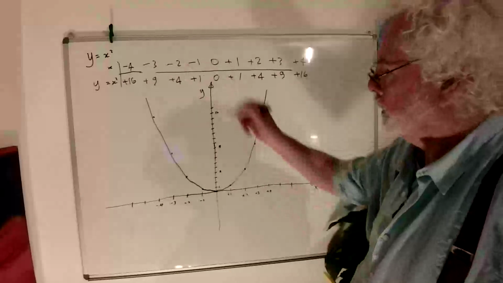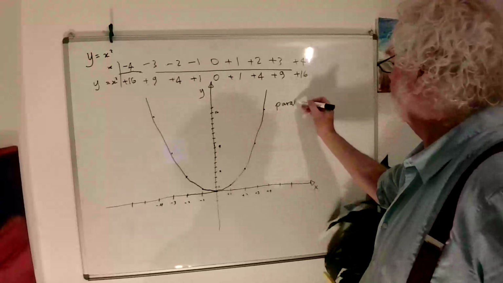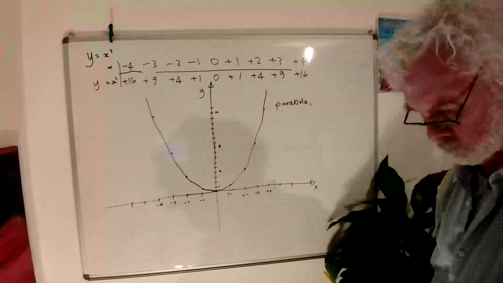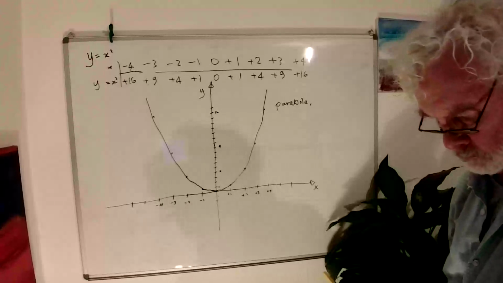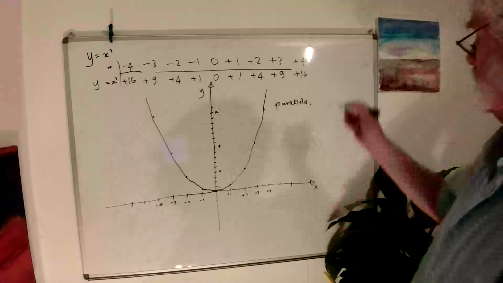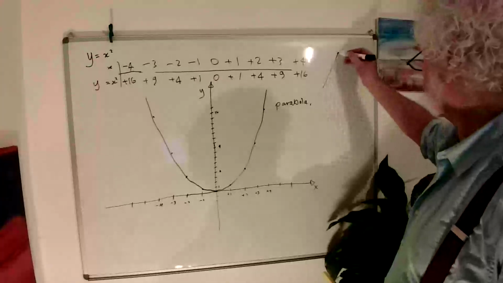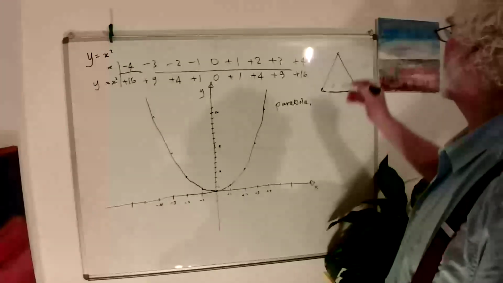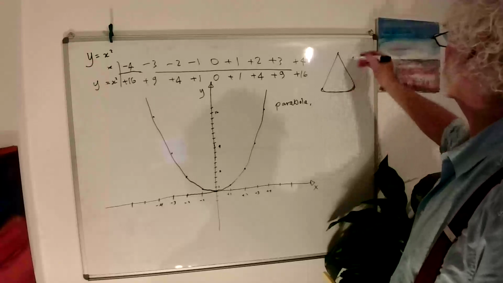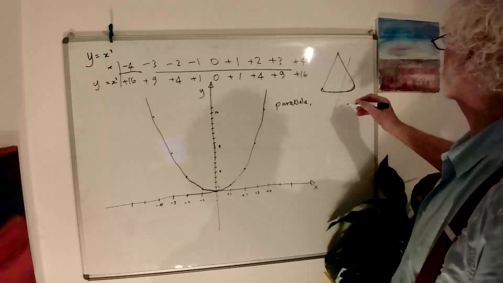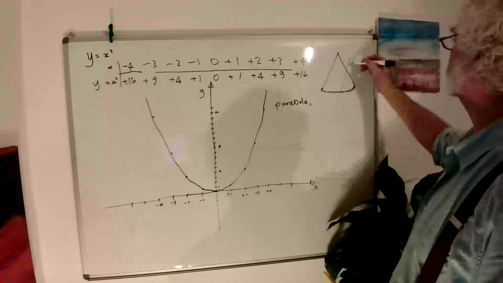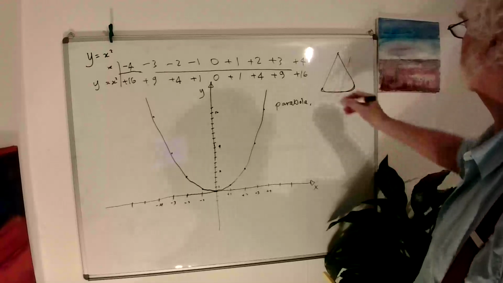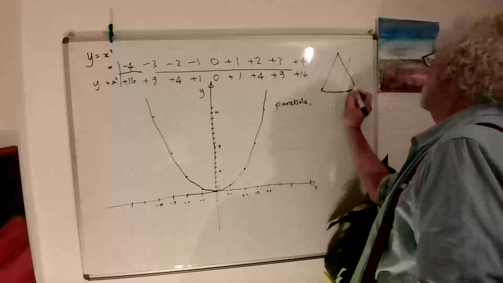The shape of this curve, y equals x squared, is called a parabola. And as a matter of interest, if you have a cone, say this is a solid cone, and you cut the cone like that, so that this cut is parallel with the edge there, but it's not really an edge, the surface there, and then you look in this direction.